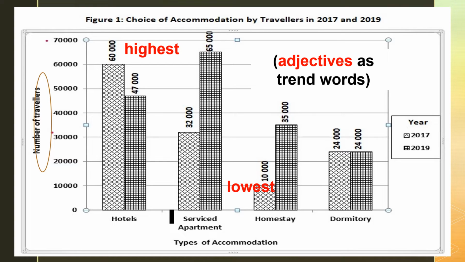So the opposite from highest is lowest. And then here, this will enable you to do comparison, for example, serviced apartment had more number of travelers than dormitories.